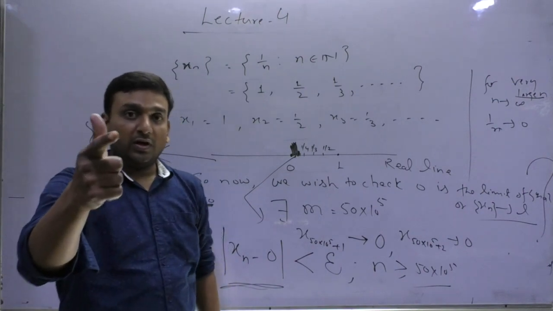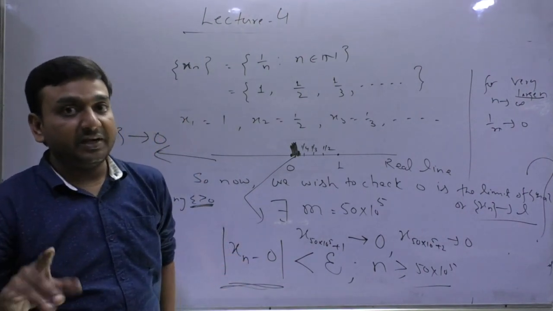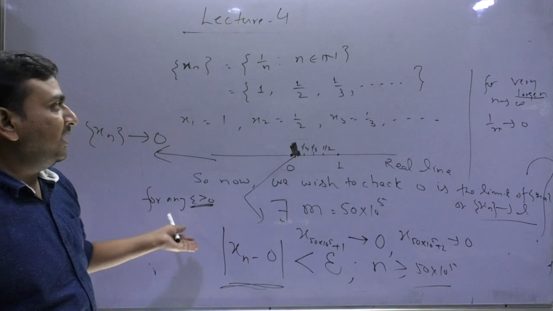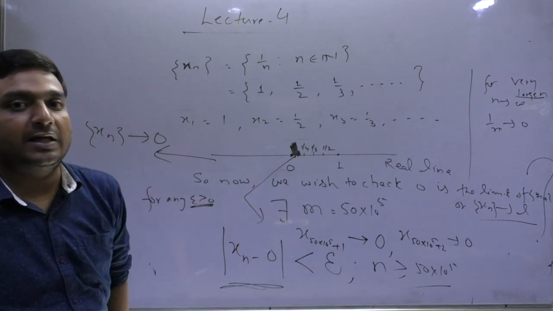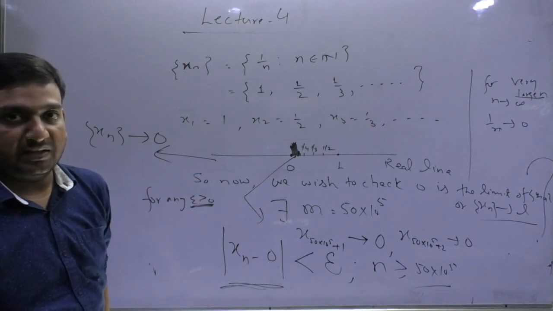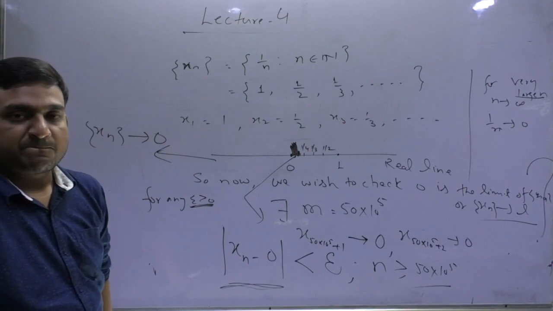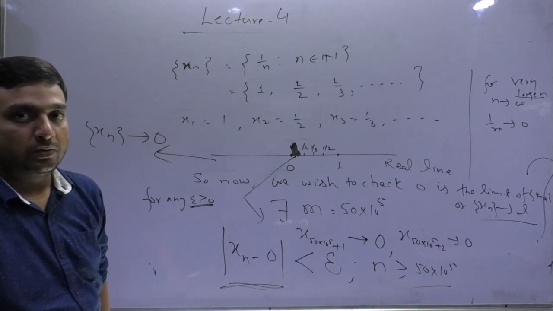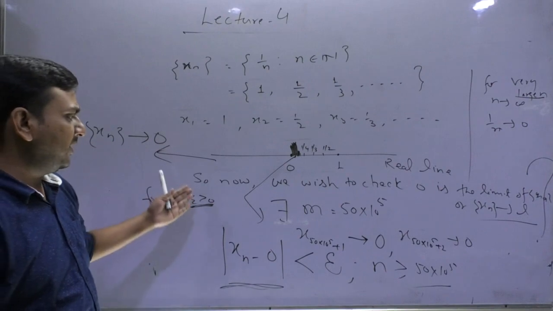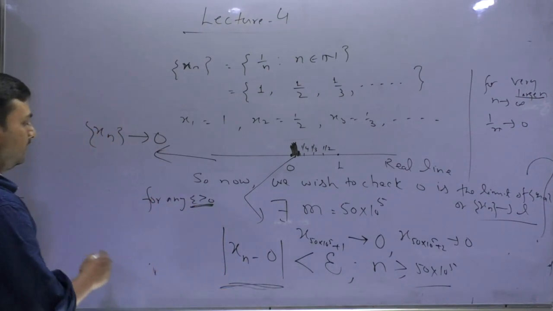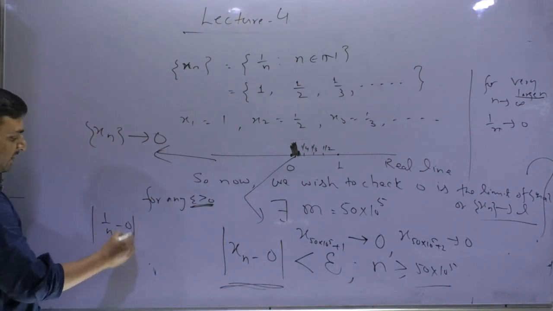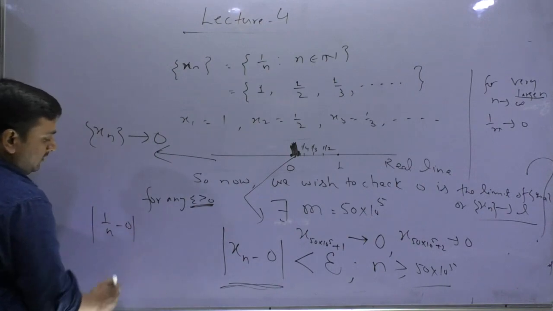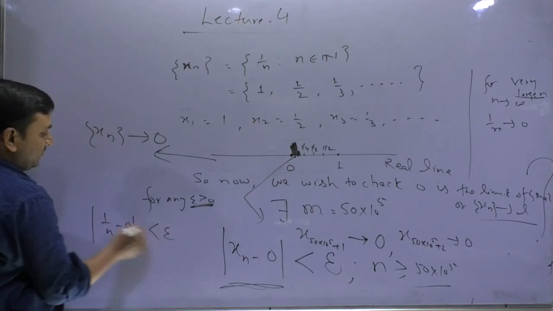Although I can prove this by the Archimedean property also, to make you understand the definition well, I am not going into that for the time being. By using the Archimedean property, it is simple: 1 upon n minus 0 will be less than epsilon.